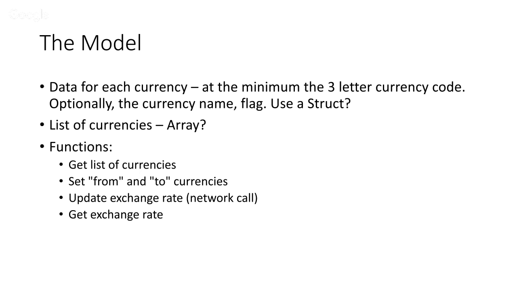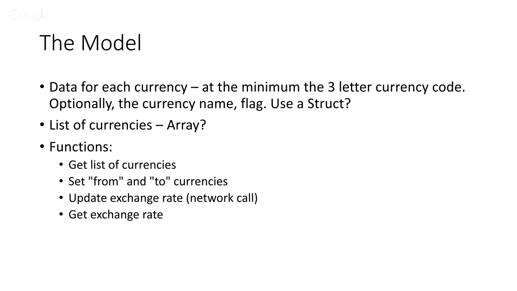It says there, data for each currency, at the minimum the 3-letter currency code. So we need to know what is the list of currencies that we are going to show in that list, right? So we need a list of currencies, and we can make it an array.